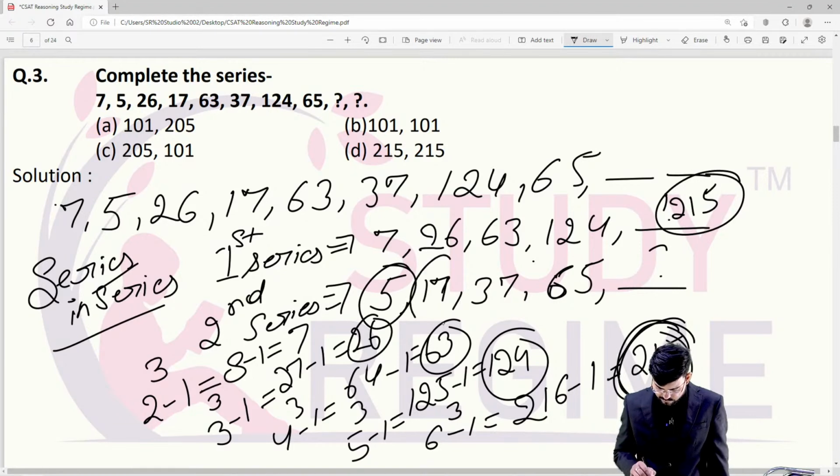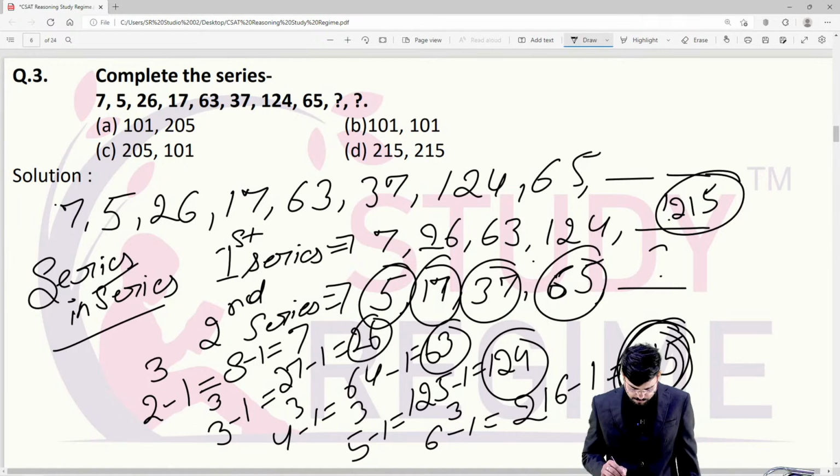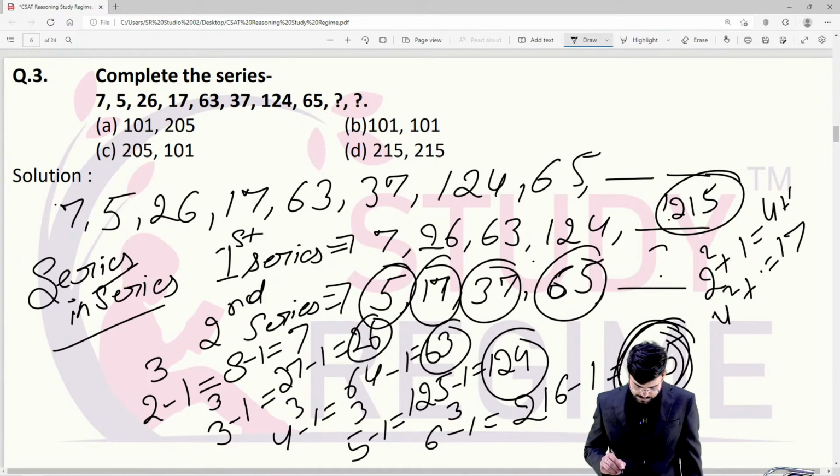This is 5, 17, 37 and 65. Here in this series you can apply the formula 2 square plus 1, that is 4 plus 1, it will become 5. The next term is an even number, 4 square plus 1, that is 17.